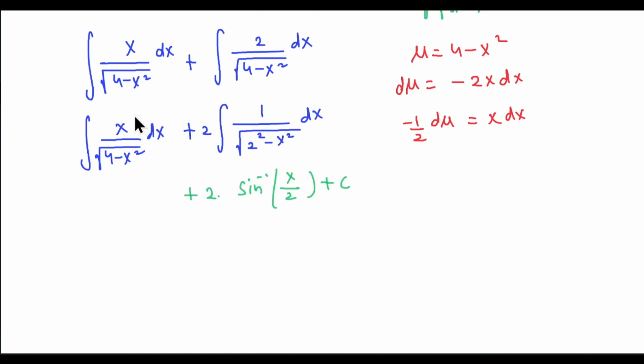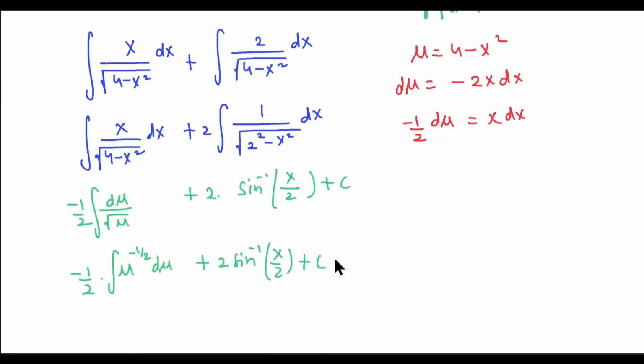And now if we look at it carefully, x dx is what? Negative 1 half du. And 4 minus x squared is u, so square root of u over here. So it will be negative 1 over 2, 1 over root u can be written as u raised to negative 1 over 2 du, it's just as it is, I'm just rewriting it.